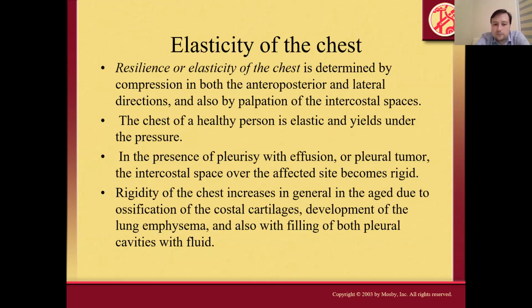In the presence of pleuritis with effusion or pleural tumor, the intercostal spaces over the affected site become rigid. Rigidity of the chest increases in general with age due to ossification of the costal cartilages, development of lung emphysema, and also with filling of both pleural cavities with fluid.